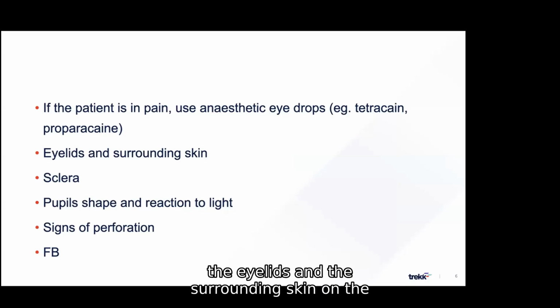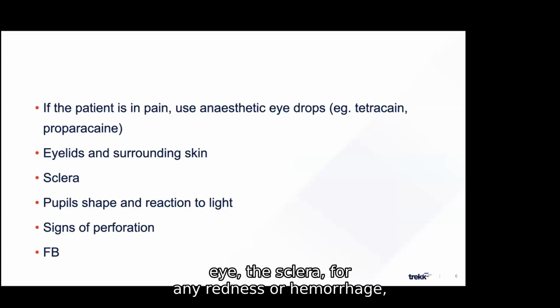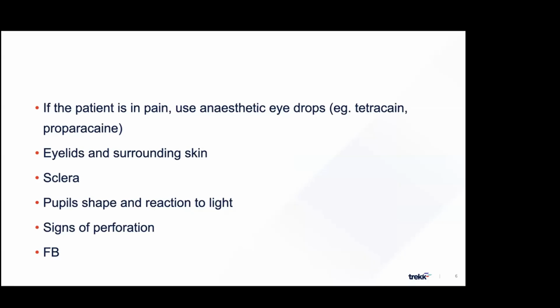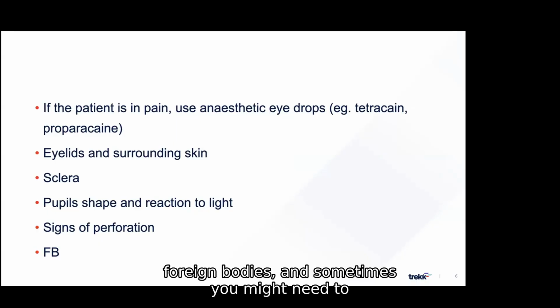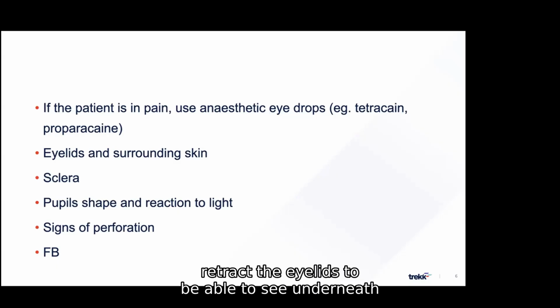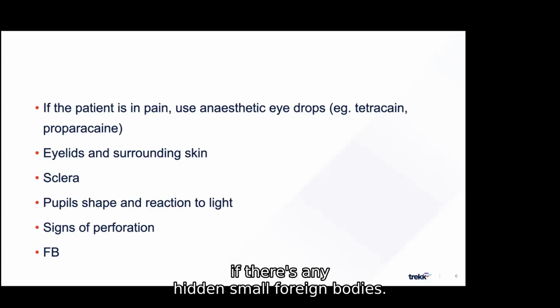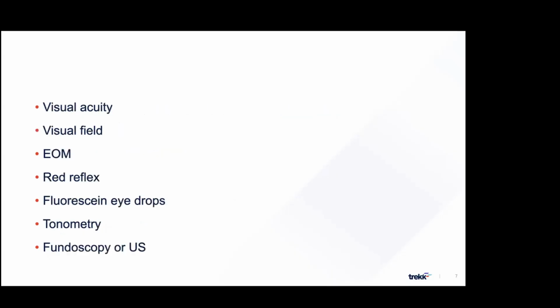You want to assess the eyelids and the surrounding skin around the eye, the sclera, for any redness or hemorrhage, the shapes of the pupils and their reaction to light, any signs of perforation, any visible foreign bodies, and sometimes you might need to retract the eyelids to be able to see underneath if there's any hidden small foreign bodies.